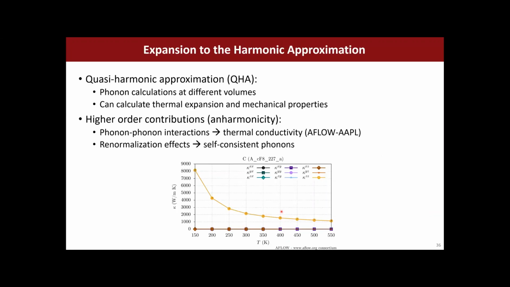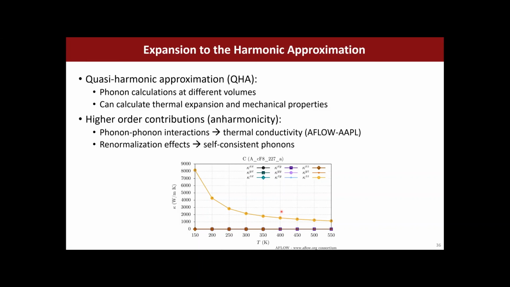At last, the harmonic approximation, as you saw, is only second order. You only have the quadratic term, and we can of course expand it. The quasi-harmonic approximation calculates phonons at different volumes, and Dr. Smolyanyuk will talk about it in the next session after the break, and it can be used to calculate thermal expansion and other mechanical properties.